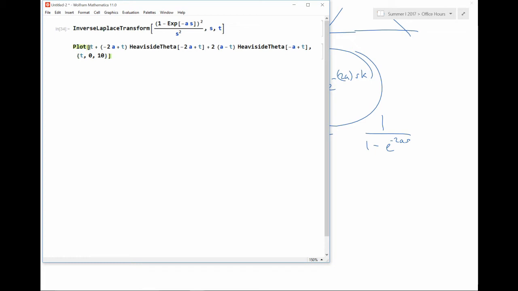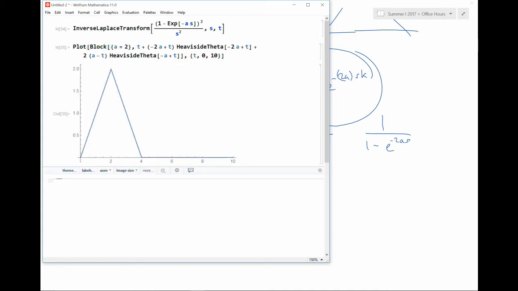Since Plot does not know what the value of a is, we're just going to say temporarily that a is 2. Well, that's just one period of this function.